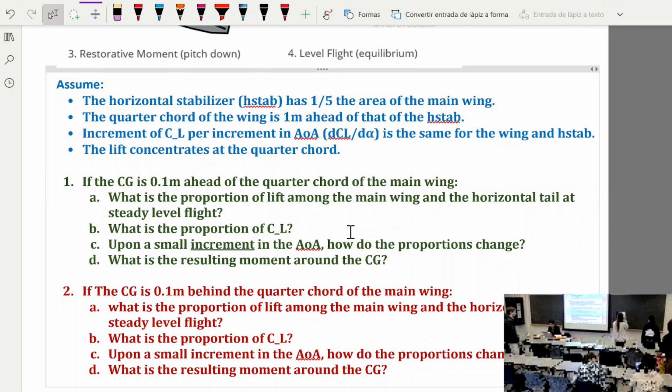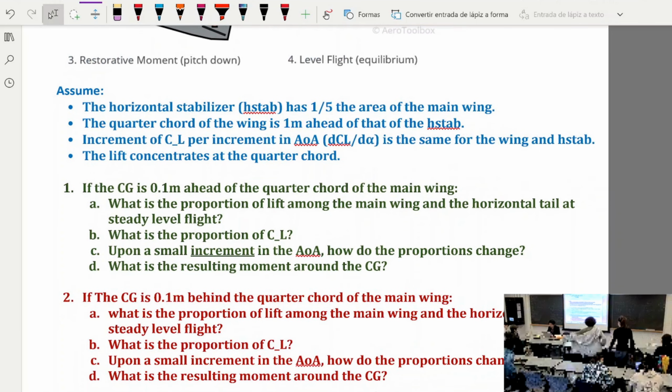For question 1, the proportion of the main wing to the horizontal tail, if we define upwards as the direction of lift, which means a downforce would be negative lift, the ratio is going to be 11 to 1, and it's minus. This is basically from a balance of moments.